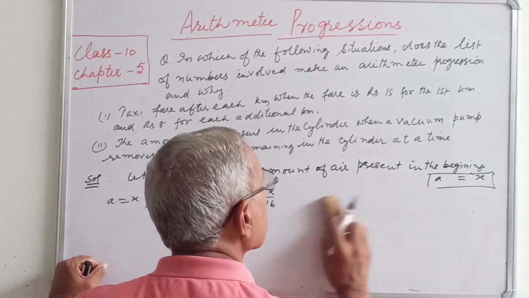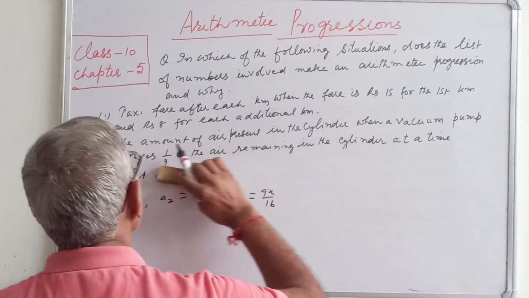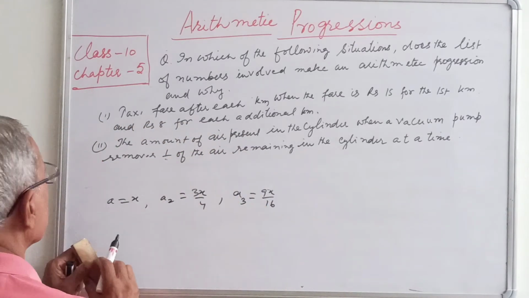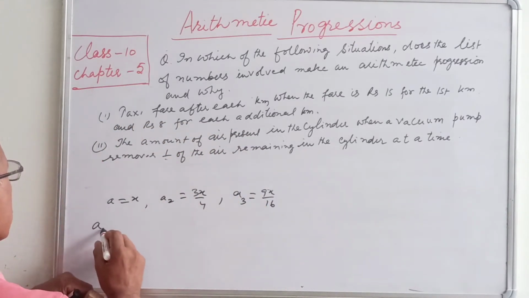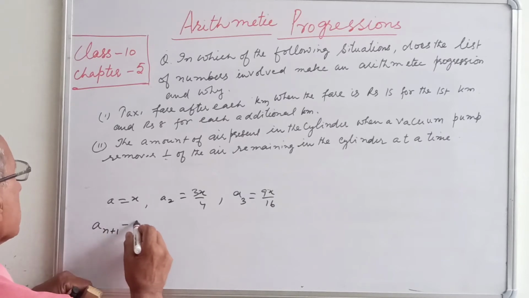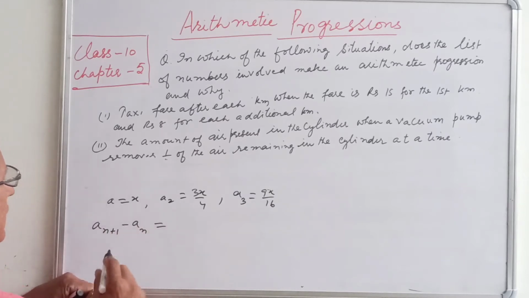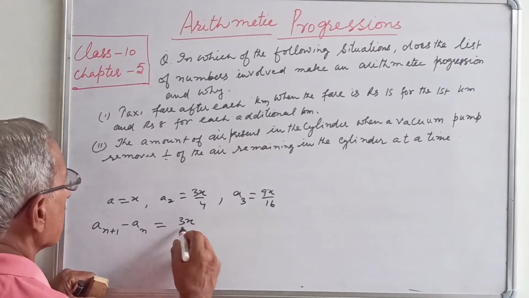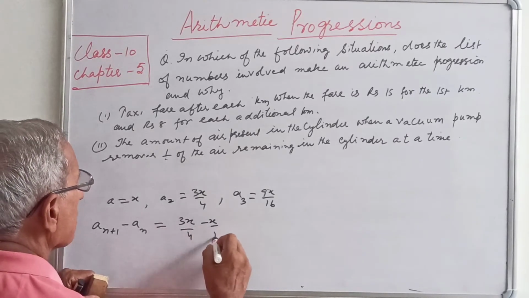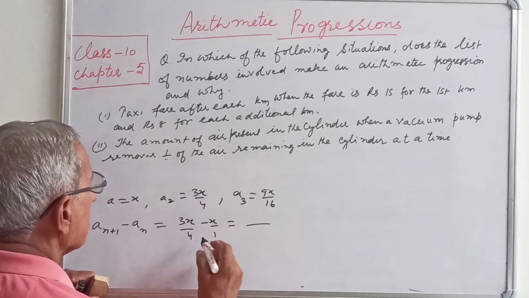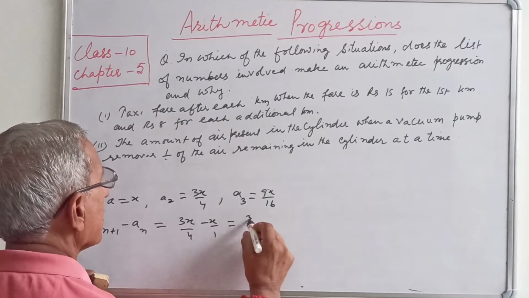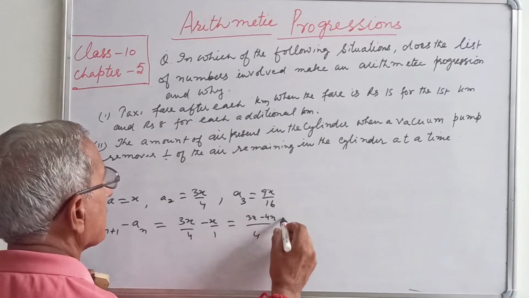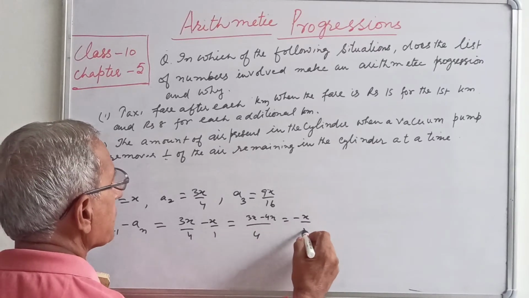Now we have to find the difference between two successive terms, that is an plus 1 minus an. We have to find this. So 3x/4 minus x/1. So 3x minus 4x, that is minus x/4.